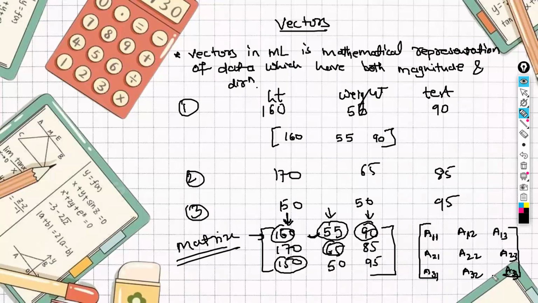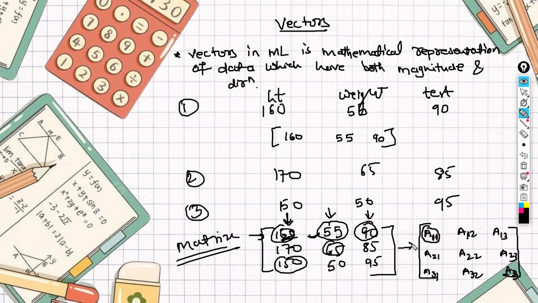So while representing the position of each element of this matrix, we first write the position of the row of that particular element, followed by the column of that element. So just like that, this 160 is written in first row and first column. That's why we have represented it as A11. So this is how we represent the position of each element, and these help us to locate the elements of this matrix.